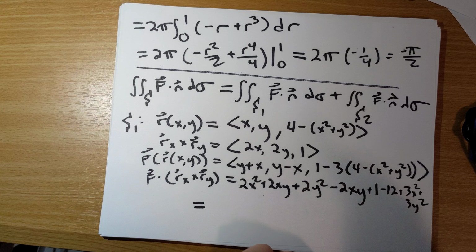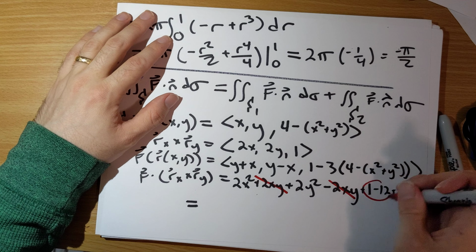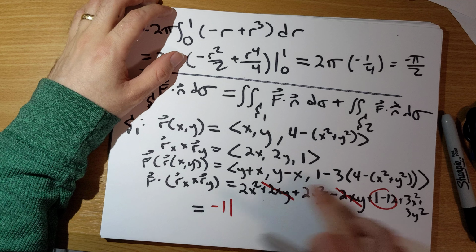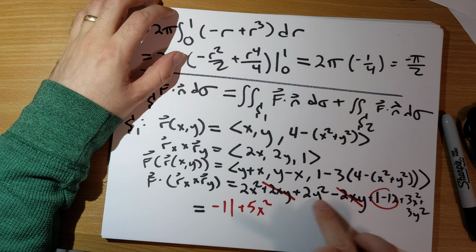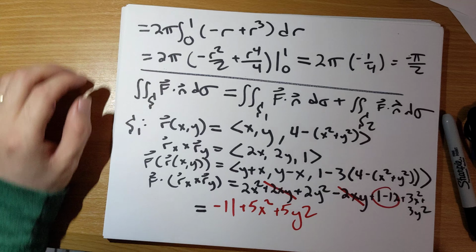Okay, so canceling and simplifying, those cancel. That gives us negative 11. And then 2x squared, 3x squared, that's plus 5x squared. 2y squared plus 3y squared is 5y squared.